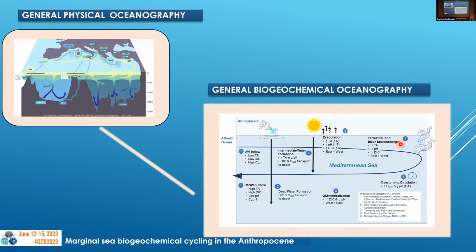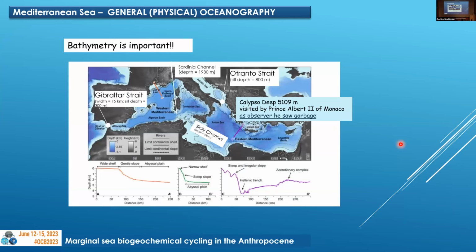So I'm going to start with the general physical oceanography, because it is absolutely essential to understand the biogeochemistry in this region, which is very unique because it's very different from other areas. In fact, the whole basin is considered a laboratory because changes or processes occurring in the global ocean occur here on a much smaller temporal and spatial scale. That's why we can observe them in a human lifetime.